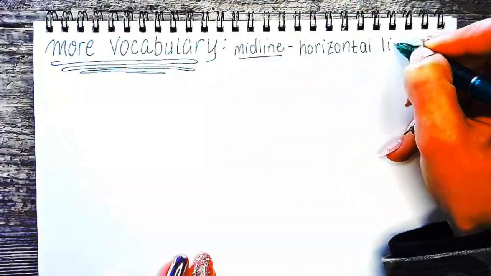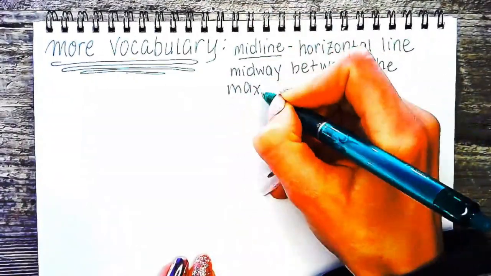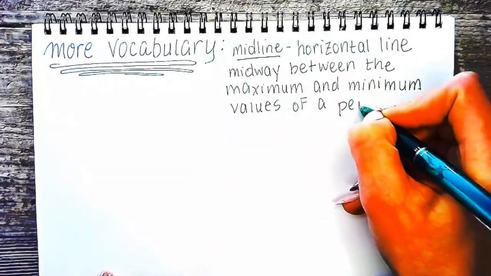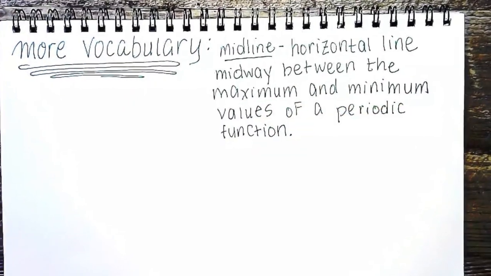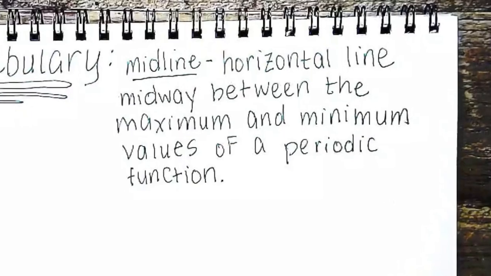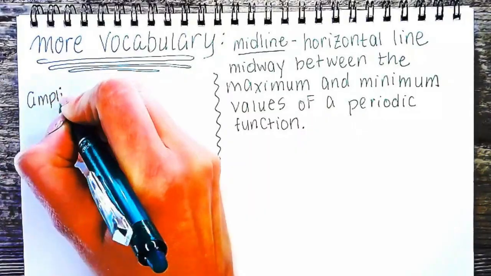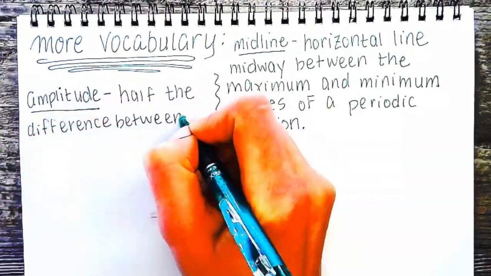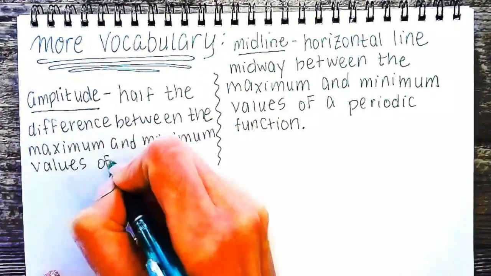Midline: horizontal line midway between the maximum and minimum values of a periodic function. Amplitude: half the difference between the maximum and minimum values of the function.